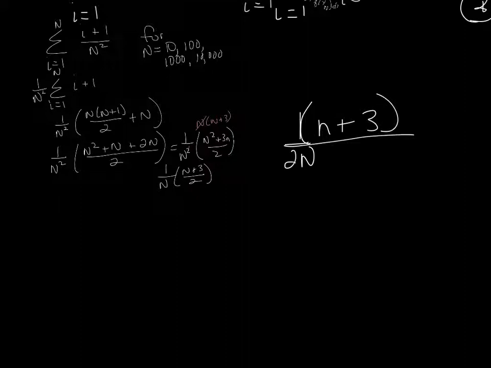If I plug in a 10, what do we get? If you want to use your calculator real quick, you can do that. What do we get if we plug in 10? 13 over 20, which is, what is it as a decimal? 0.65? What if we plug in 100?